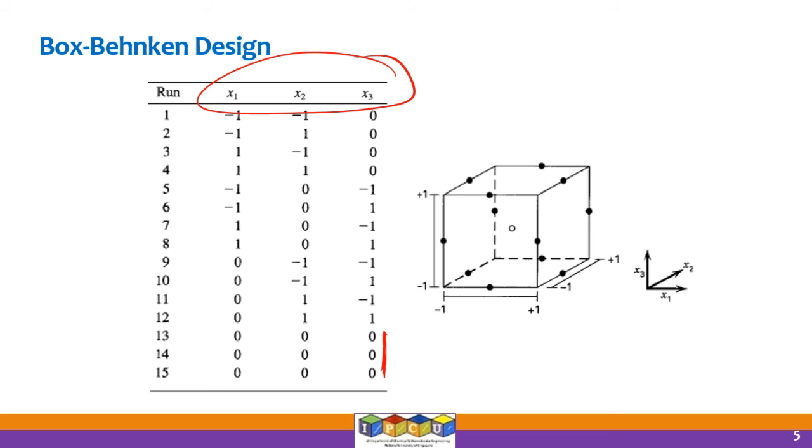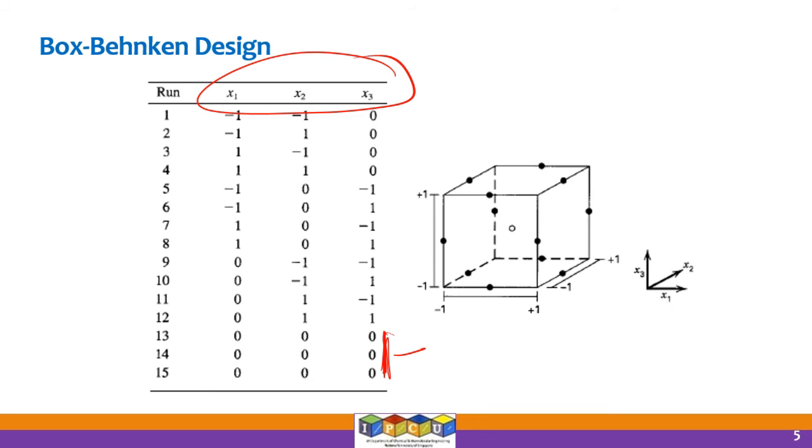Here it is shown in a cube, it's not shown in a sphere, but you can also imagine a sphere that corresponds to the experimental points occurring on its surface, right? So that sphere will have a radius of square root of 2. So this is what Box Behnken design is, and we have already seen it in the first video segment.